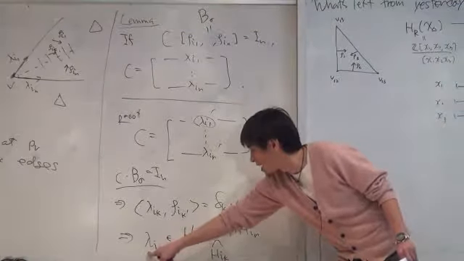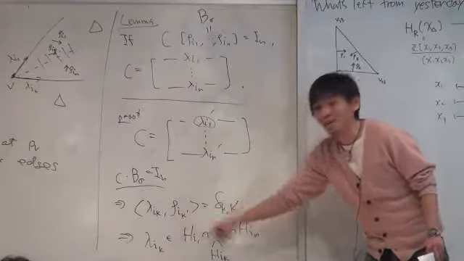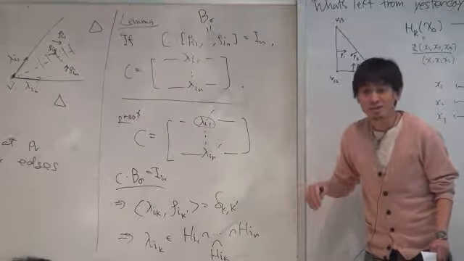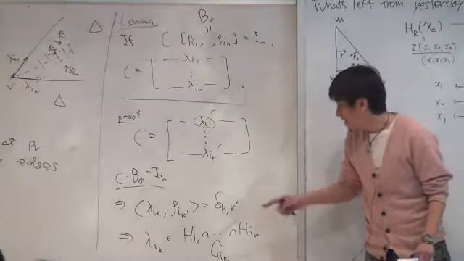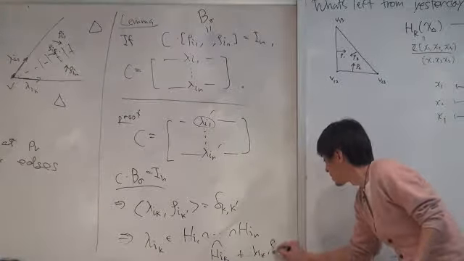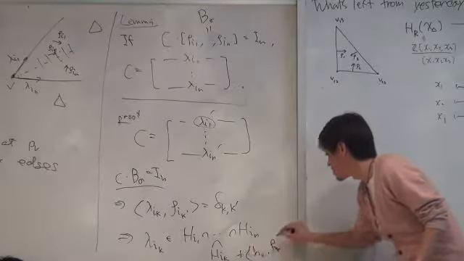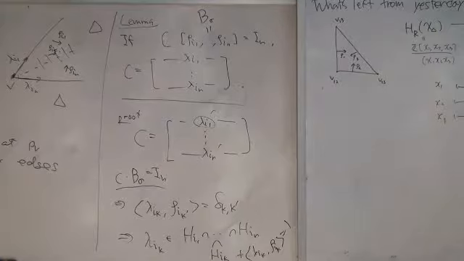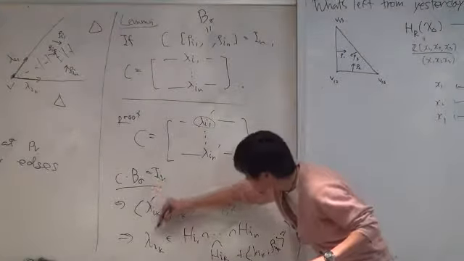Because the inner product of lambda ik and rho ik is 1, so just take it out, and it's 0. That means it's in the intersection. And plus, the inner product with the same index is 1. And I have to use this prime over here.